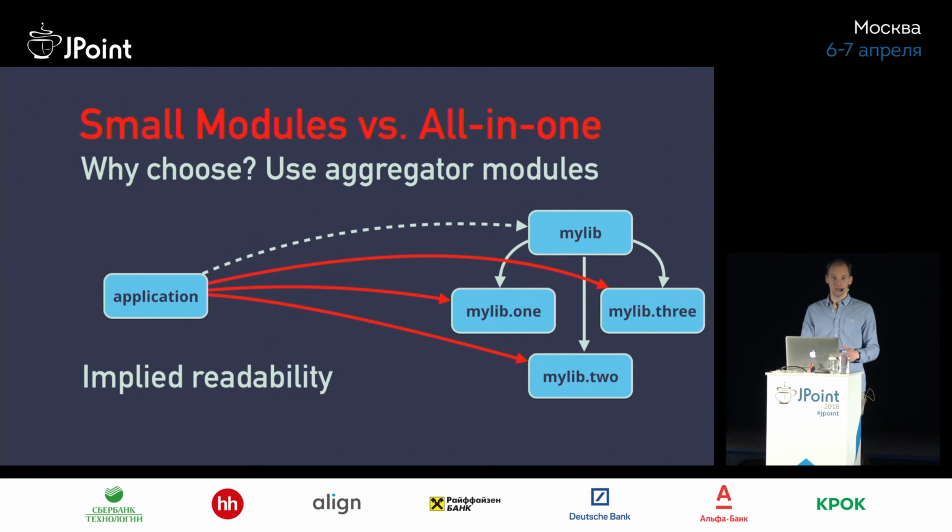So this way, the consumer of your library only has to know about, okay, I should say just requires mylib, and under the hood, it will get access to all 3 parts. Or maybe even 4 or 5 parts if you have a newer version of your library with more modules. That's totally up to you, and as long as you update the mylib module descriptor, this aggregator module, then your consumer really doesn't have to find out.